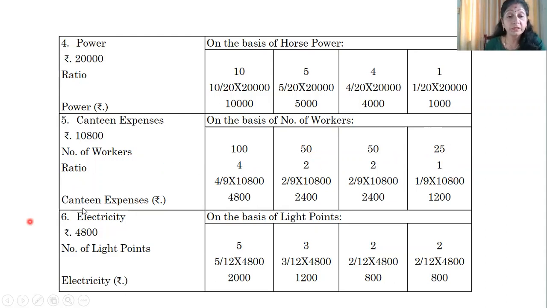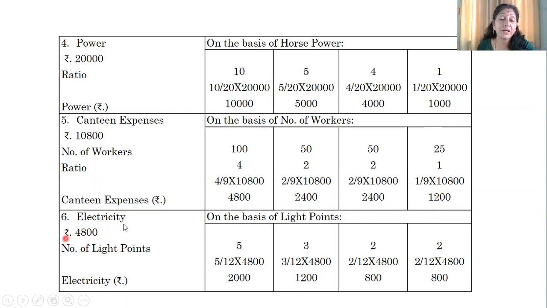Then the canteen expenses have to be allocated to the various departments. 4,800, 2,400, 2,400, 1,200. We calculate like this: 4 divided by 9 into 10,800, 2 divided by 9 into 10,800, 2 divided by 9 into 10,800, and 1 divided by 9 into 10,800. We arrived at this data.